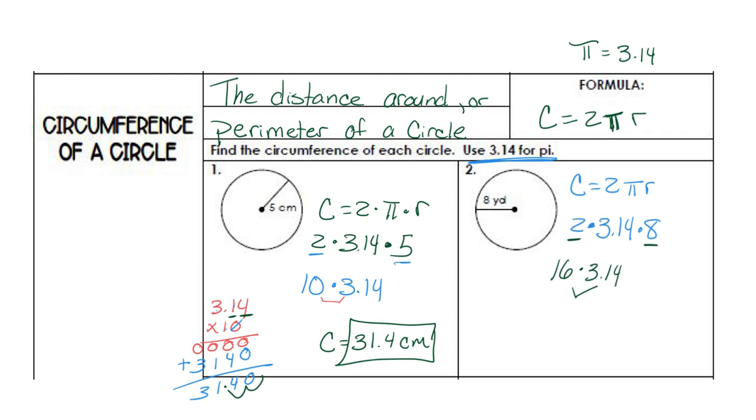Okay, 16 times 3.14. Off to the side, I can go 3.14 times 16. And now I need to go ahead and start doing some math. So 6 times 4 is 24. Put the 4 down, carry a 2. 6 times 1 is 6, plus 2 is 8. 6 times 3 gives me 18.